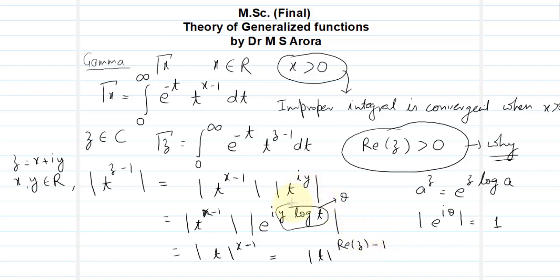In the case of gamma function of a real variable, the role that was being played by t to the power x minus 1 is now being played by t to the power real part of z minus 1. Since the condition was x greater than 0 when x was real, here the condition is the same: real part of z should be greater than 0. So this is the answer to the question of why the real part of z should be greater than 0.